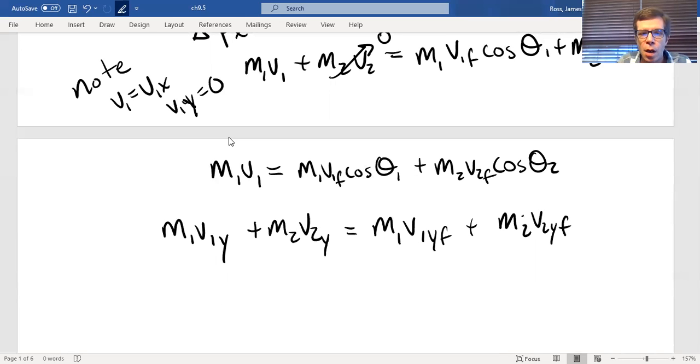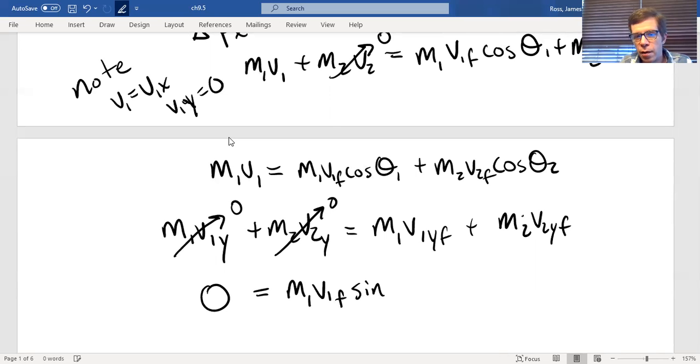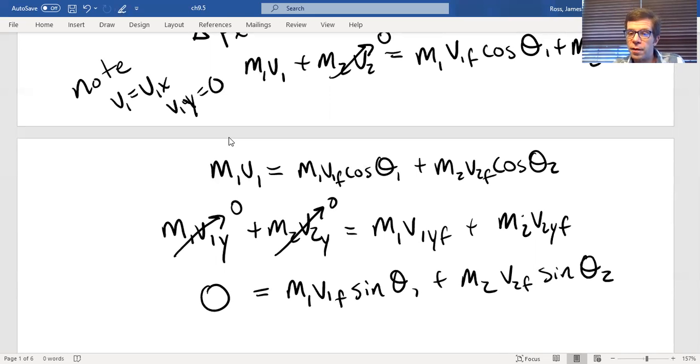In the y direction, both initial velocities are 0. So we have 0 equal to m1 v1 final sine theta 1 and m2 v2 final sine theta 2, right? Just taking the components of our velocities in the y direction.